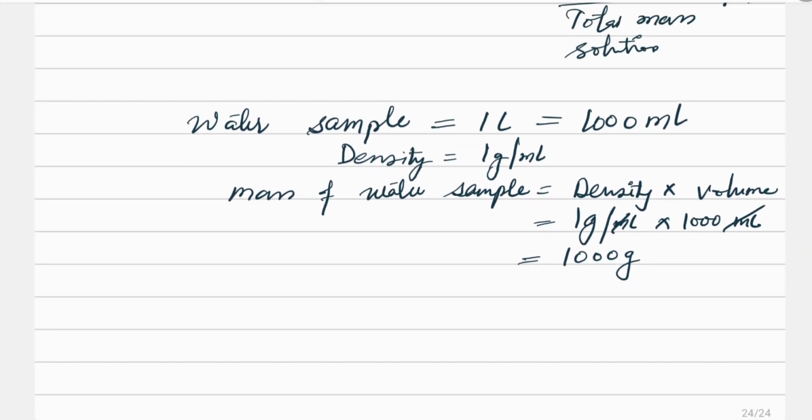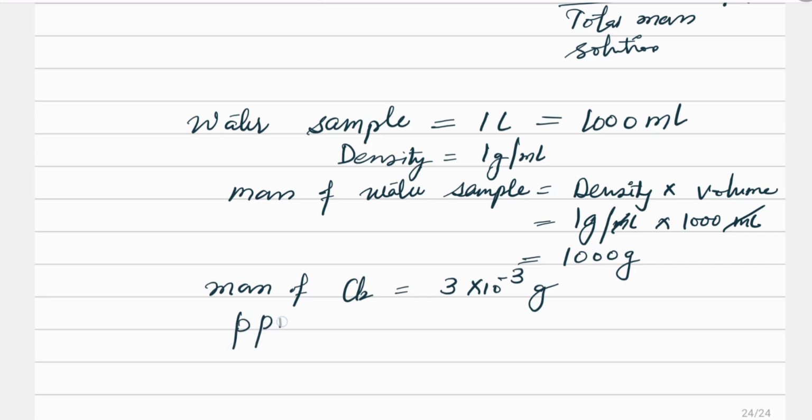And in this water sample, the mass of chlorine has been given. That is 3 into 10 raised to power minus 3 grams. Suppose this much has been given. Calculate the concentration of this given sample in parts per million.